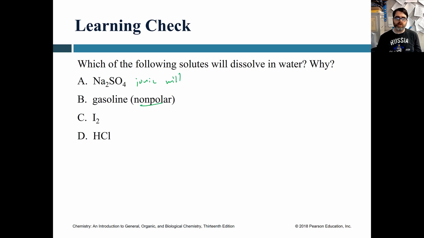Things that are nonpolar won't dissolve in water because water is polar. Iodine here, it doesn't tell you outright, but because it's made up of just the one piece, that one's nonpolar, which you may recall from when we covered bonding, and so it will not dissolve. And then here again we have something that will dissolve because it is ionic. And that finishes section 1.